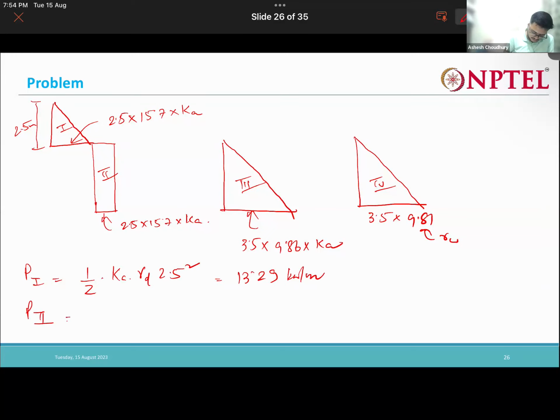Similarly, P2 is 2.5 into 15.7 into 0.271 into 3.5, because this height is 3.5.